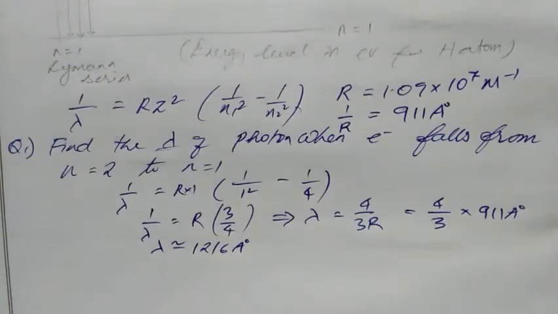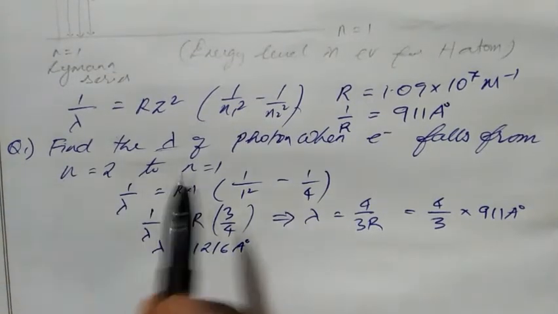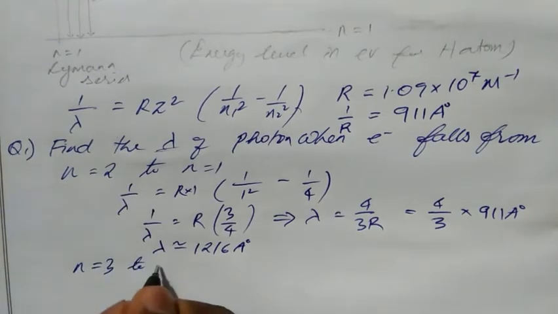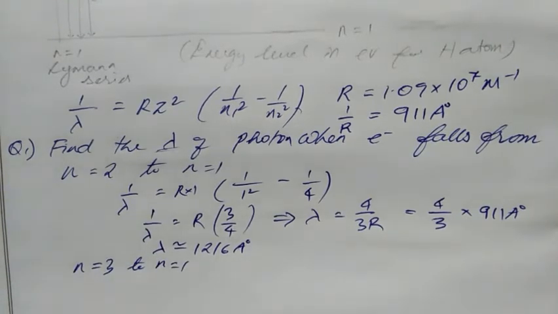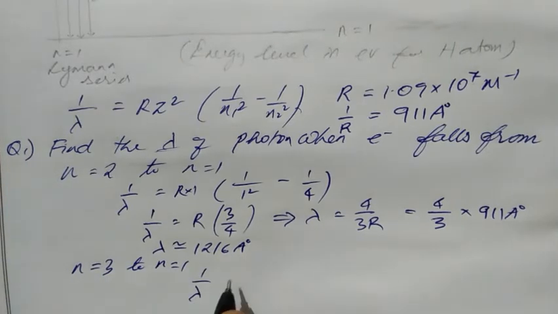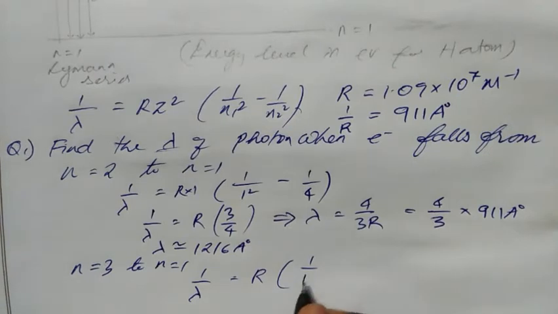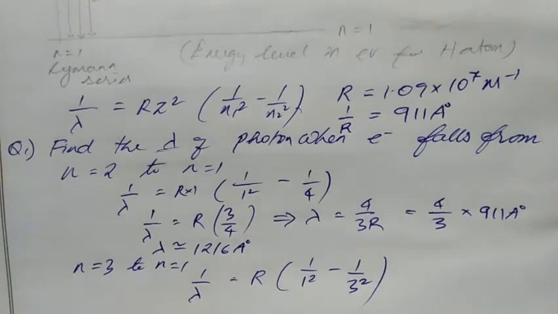Similarly, for the third orbital, from n2 equals 3 to n1 equals 1, what is the value? Substitute 1 by lambda equals R, 1 by 1 square minus 1 by 3 square, from 3 to 1.